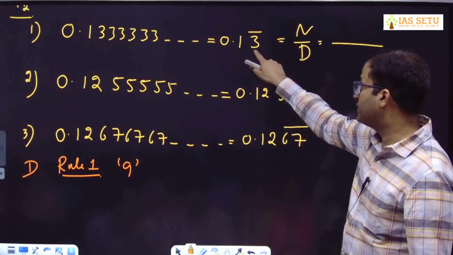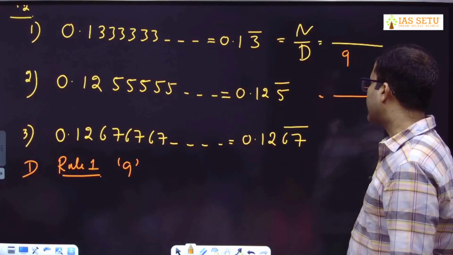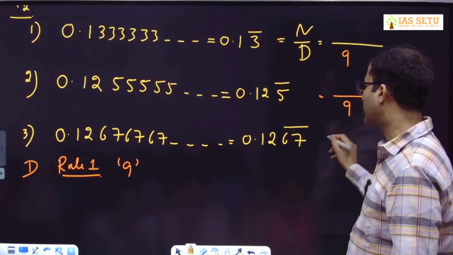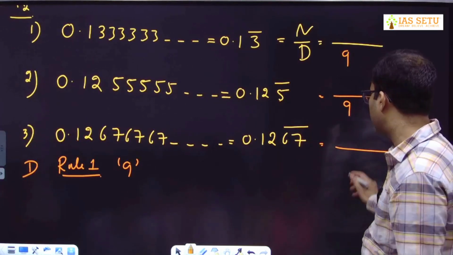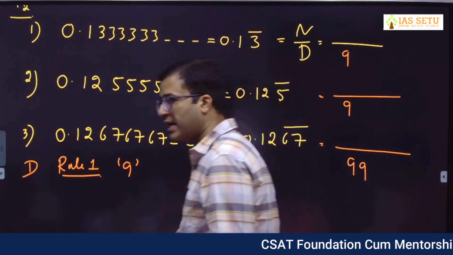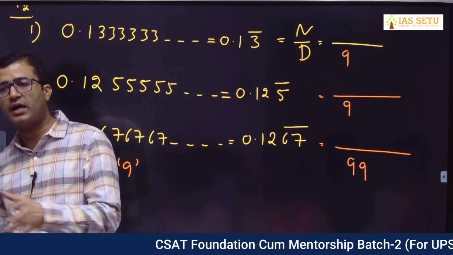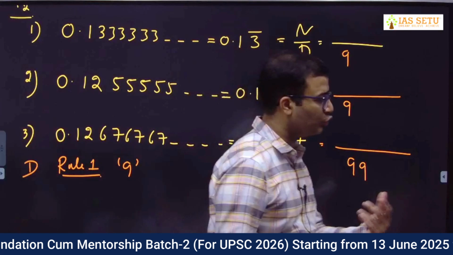See, there is 1 digit under the bar, we have to put 1 nine. Second question, there is 1 digit on the bar, 1 nine. Third question, there are 2 digits on the bar, you put 2 nines. As many 9s as many digits under the bar. मतलब जितनी डिजिट आपके बार के नीचे होंगे उतने 9 चले जाएंगे.